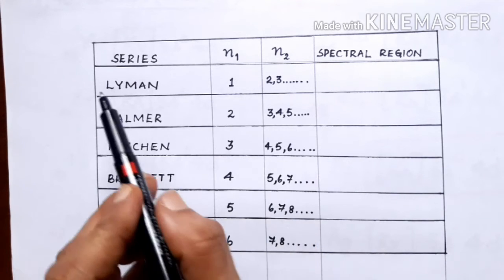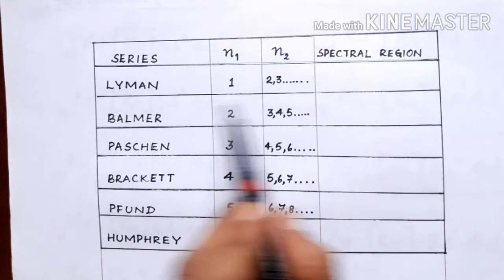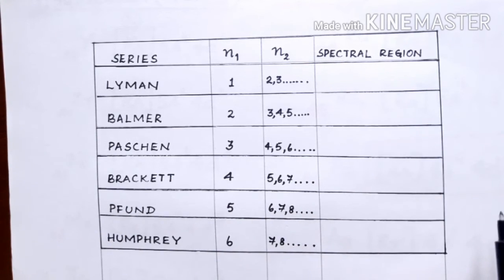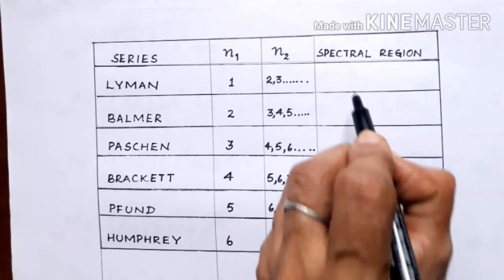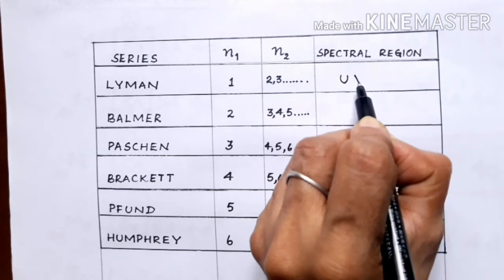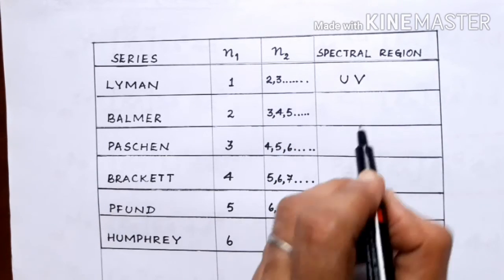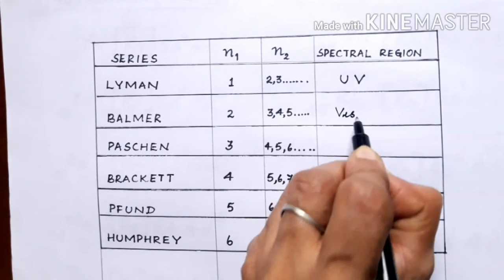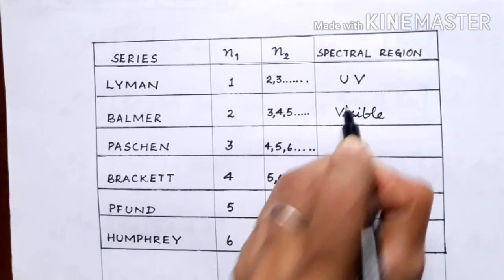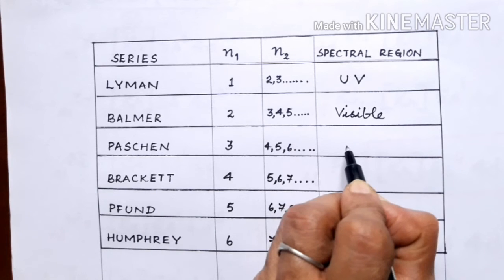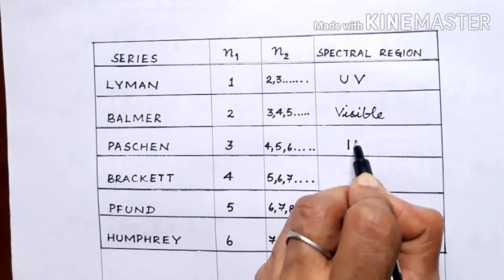And you find that the spectral regions in which each of them are present will be as follows. Lyman belongs to the ultraviolet region of the solar radiations. Balmer comes in the visible range. Paschen, you find it will be the near IR region.